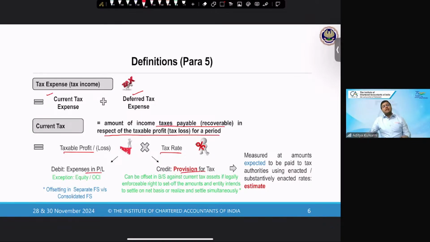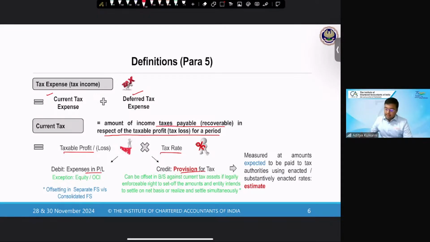How do I present this provision for tax? In your balance sheet, it will come under short-term provisions. But typically, you can offset this provision against income tax assets, say you have your advance tax and your TDS for the same financial year. If they are also present on the asset side, then you can do a net setting.